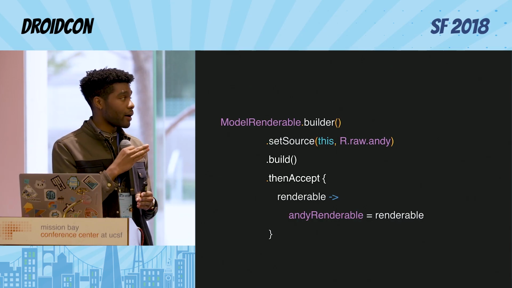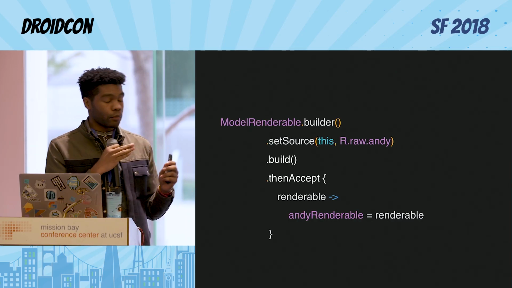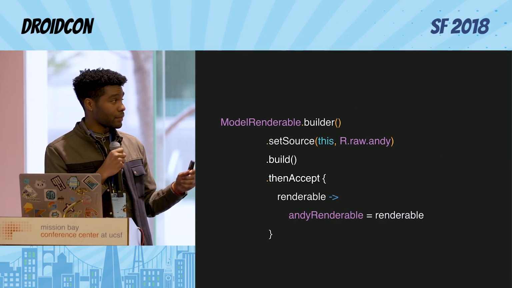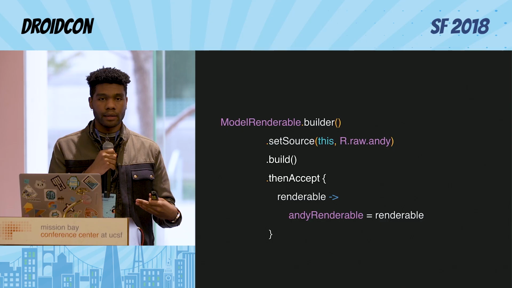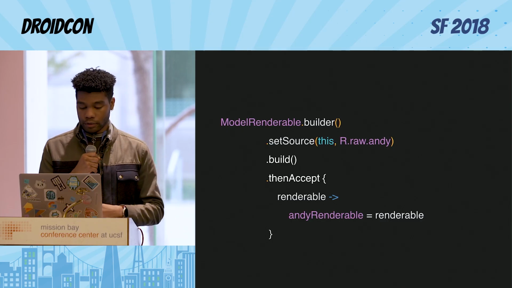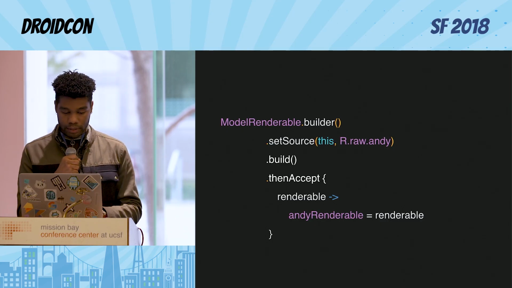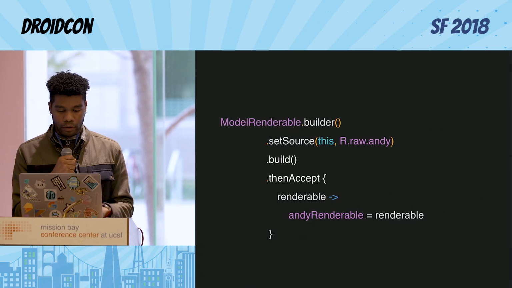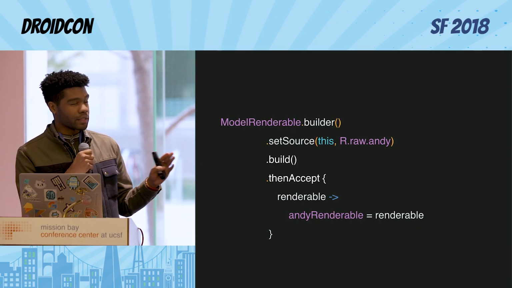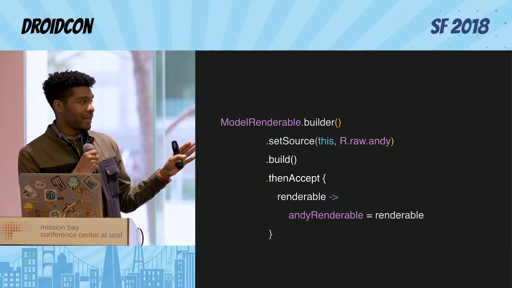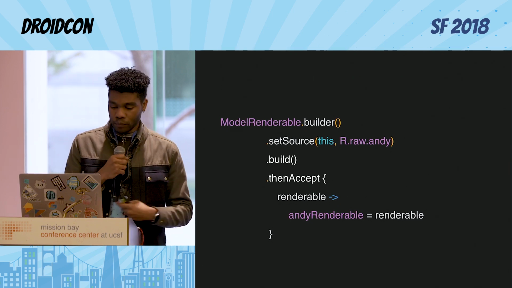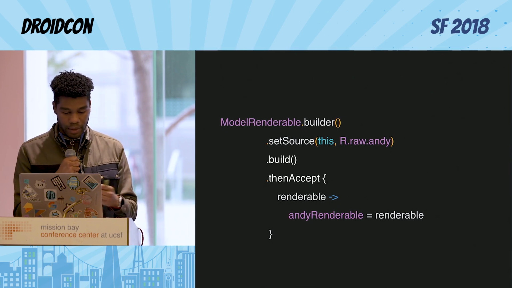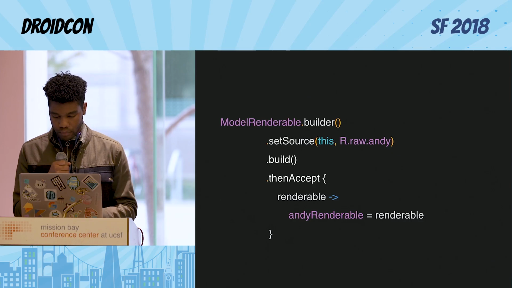But as far as augmented images are concerned, you just want to remember to call thenAccept, handle, or check if it's done loading before you call any version of get, because if you don't, you're going to get a null. And of course, that's not going to be good. I could go into detail about what all these different functions do, but thenAccept is probably going to be the one that you use the most because it's the most intuitive, returning that renderable on the main thread once it's done loading.